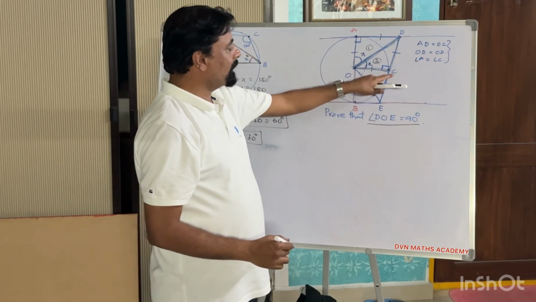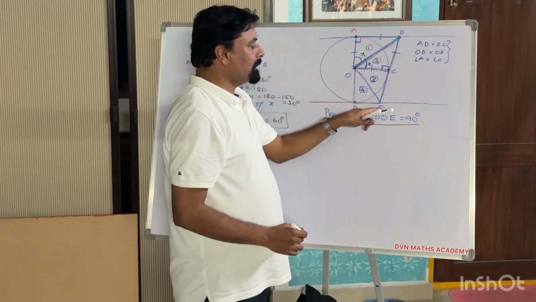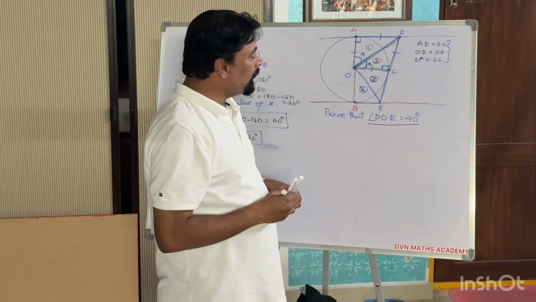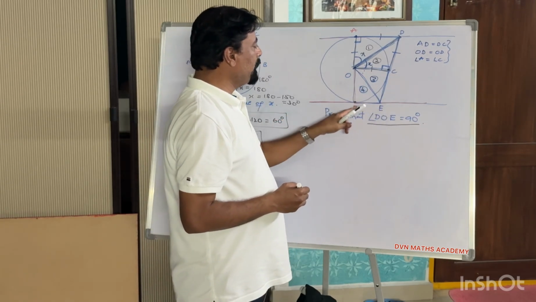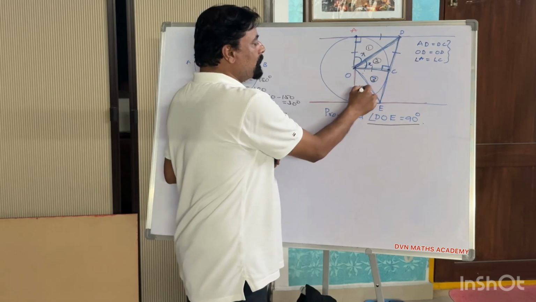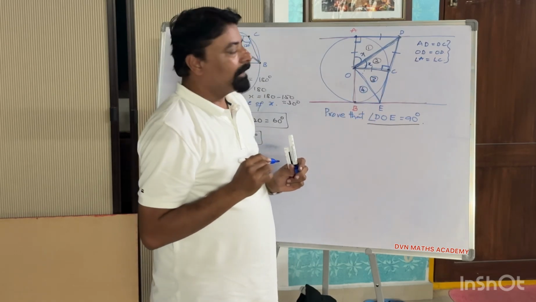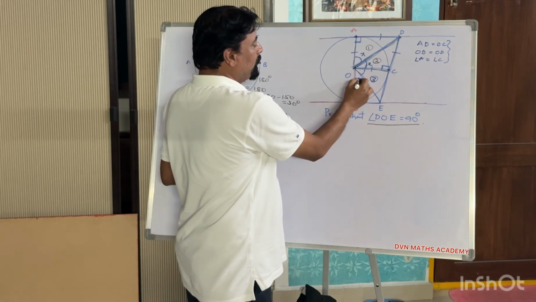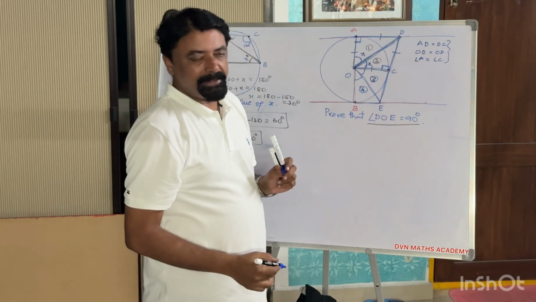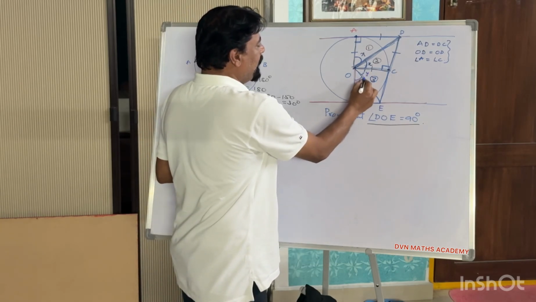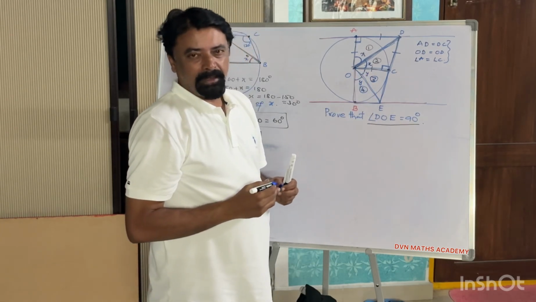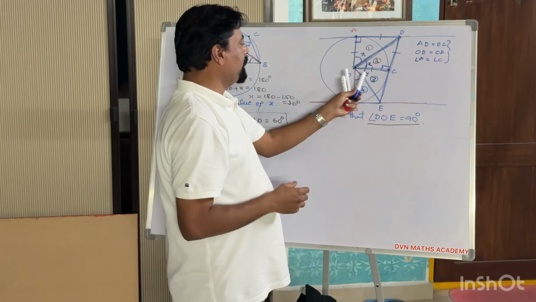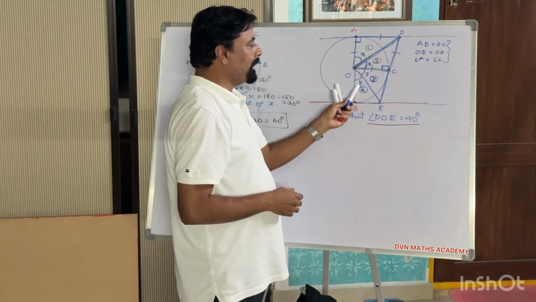So the lengths of the tangents through the external point to the circle are equal. Therefore, EB is equal to EC. Hence, these two triangles are also congruent. If you prove these two triangles are congruent, therefore these two angles are equal by CPCT. You say this is Y and this is also Y. Equal angles, we can take two equal variables, that is Y and Y.